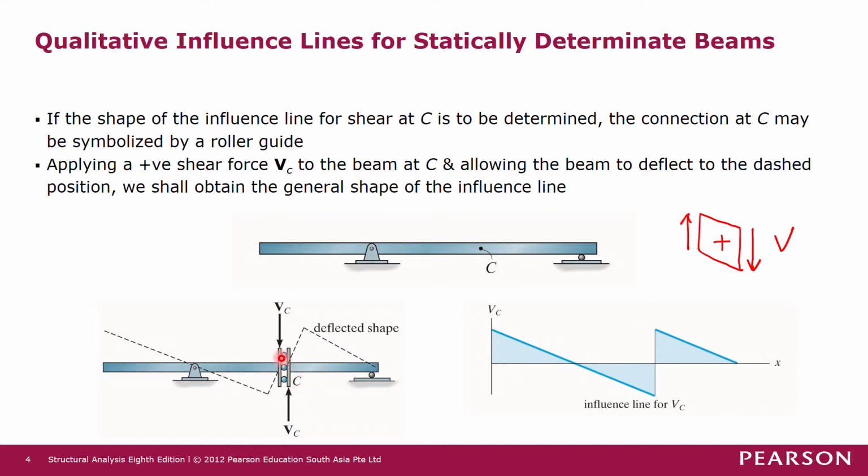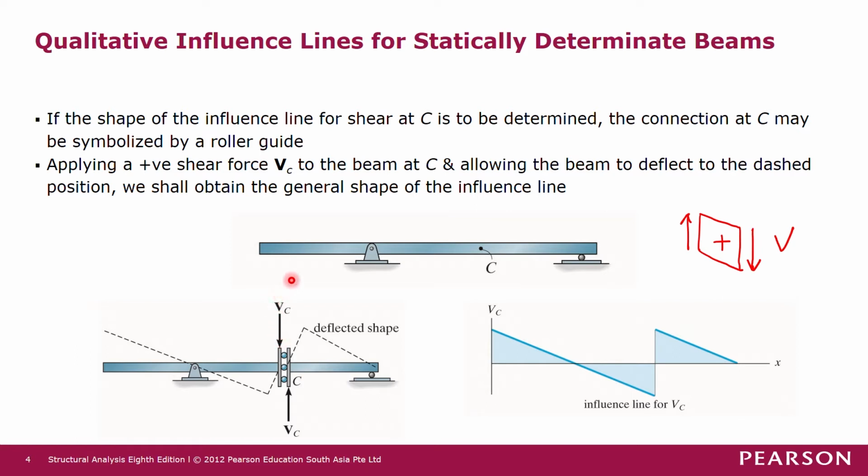And if we isolate this other bar as a free body diagram, then the shear across this cut section is on the right hand side of the bar. So on the right hand side of the bar, the positive shear force is downward.